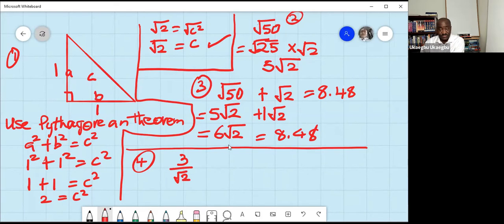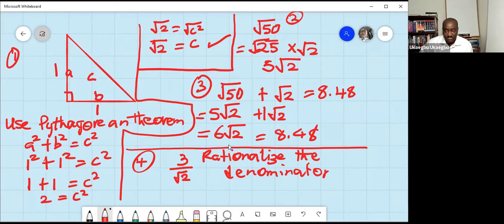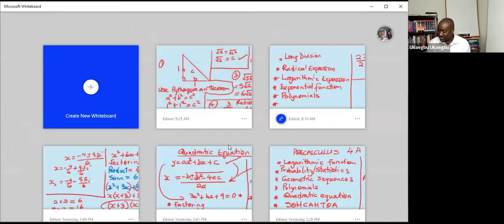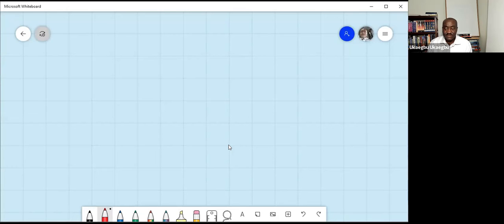This type of question will usually say: rationalize the denominator. Have you seen it before? Yes, right? Okay, so let me go to another screen and let's see how we can rationalize the denominator. Rationalizing the denominator means removing the radical sign in the denominator.